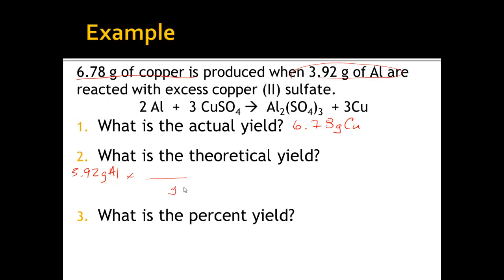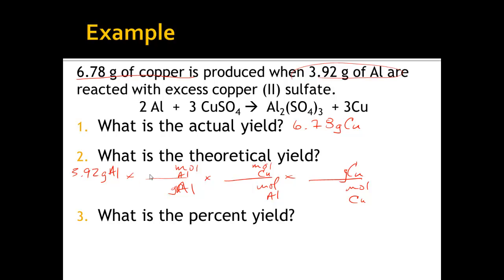So grams of aluminum to moles of aluminum. Okay, diagonal down, moles of aluminum to moles of copper, which is what I'm looking for, my mole ratio step here. Diagonal down, moles of copper to grams of copper.